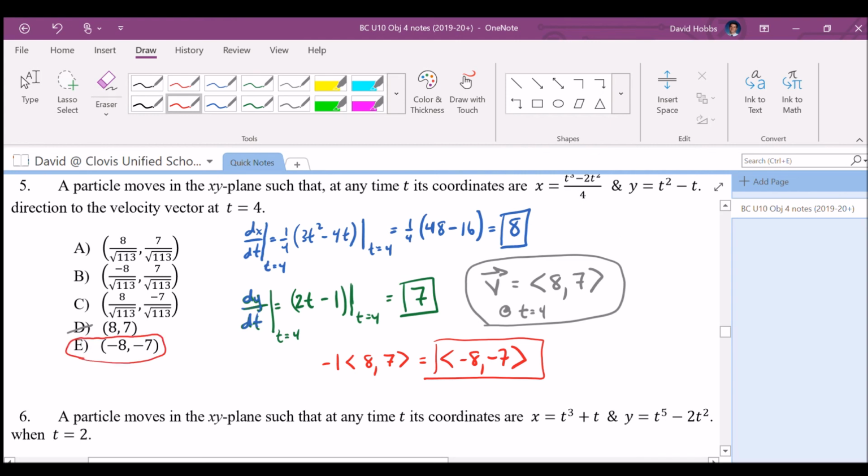Now the direction of the vector could be written as a unit vector, where the length of the vector is √113, so it could be written like this: -8 over √113, -7 over √113. But that's not how they have it written, so it is choice E.